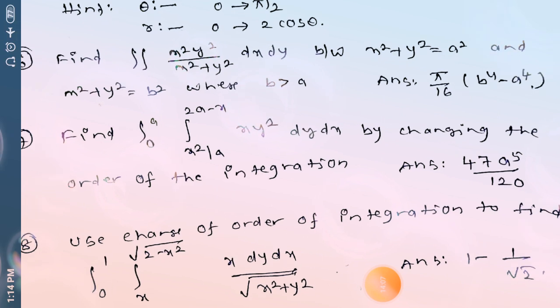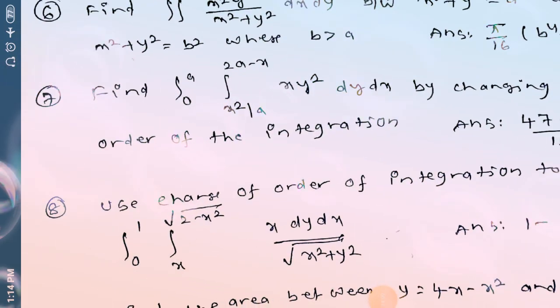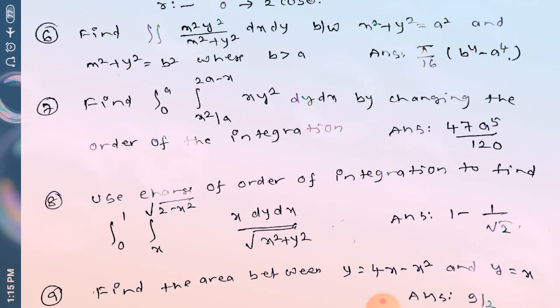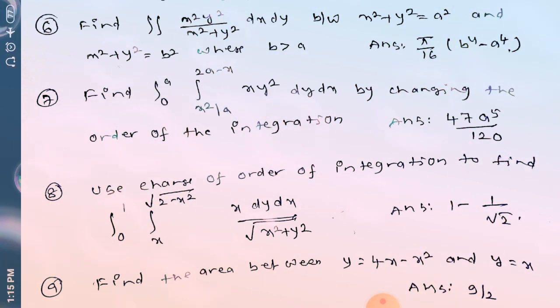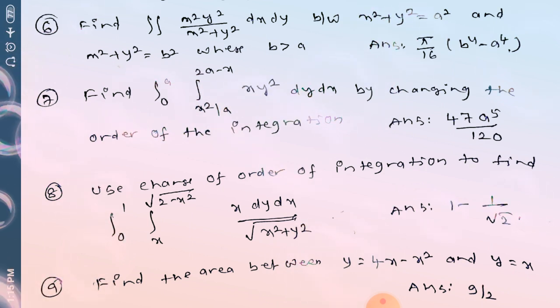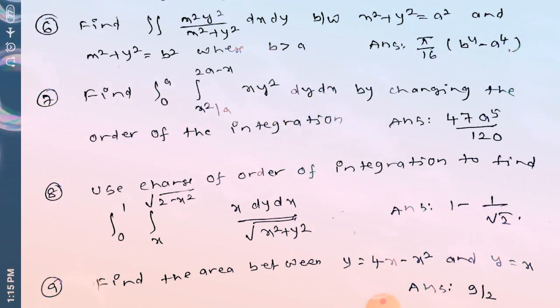Now look at your eighth problem. Use the change of order of integration to find the double integral, 0 to 1 and integral x to root of 2 minus x square, x dy dx divided by under root of x square plus y square. Again, in order to change the order of integration, the same procedure.